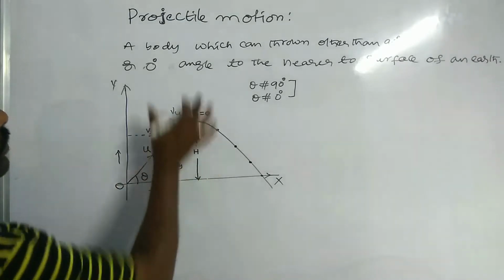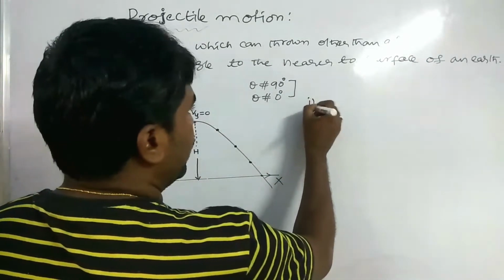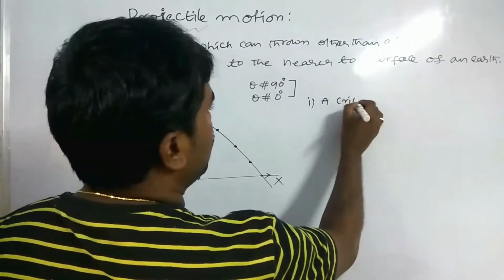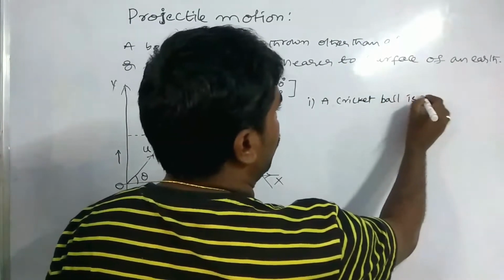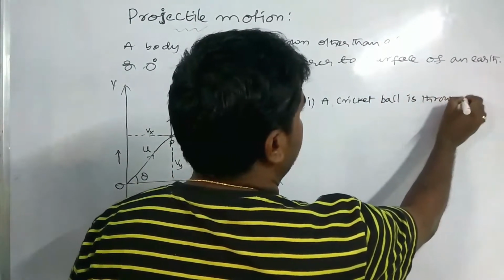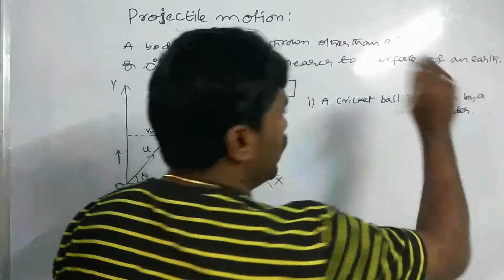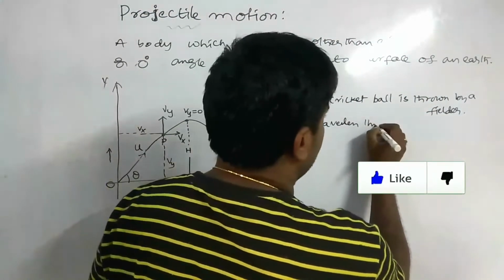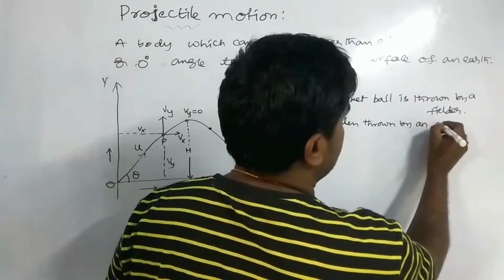Examples of projectiles in our daily life: first, a cricket ball thrown by a fielder from the boundary, thrown by an athlete.